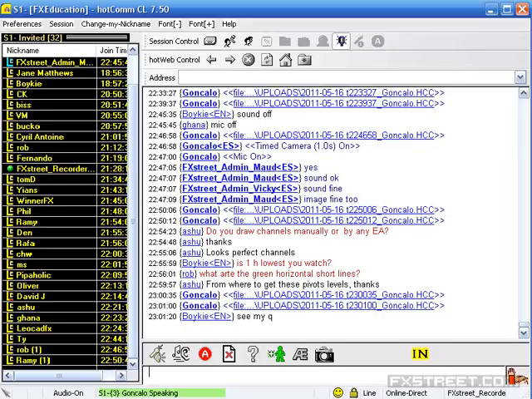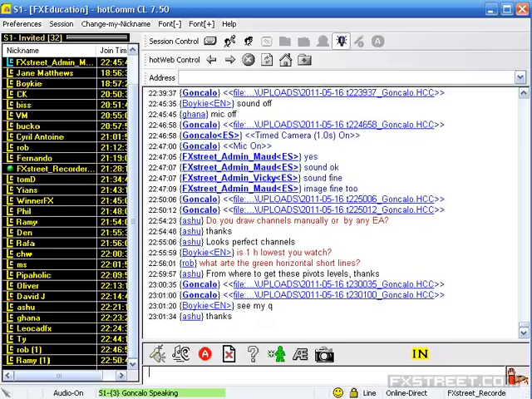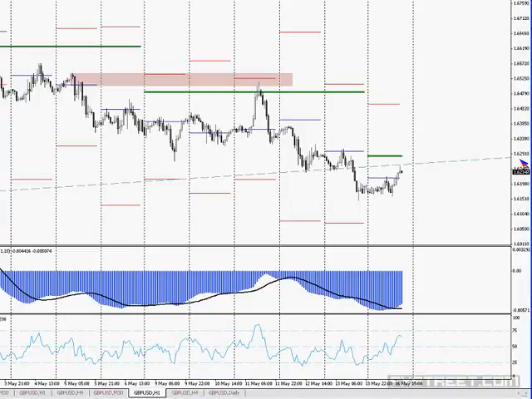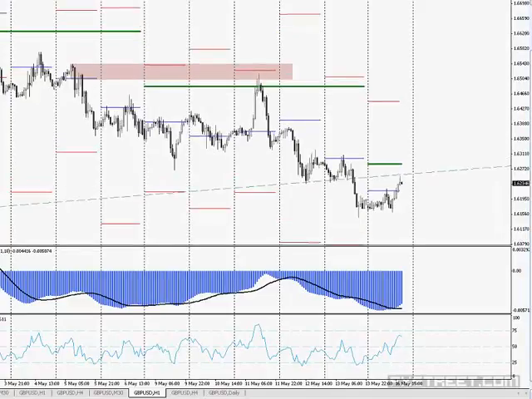Boyki asks, is 1 hour the lowest I watch? Probably yes. I could go as low as 1 minute, with the same principles I apply on dailies, 4 hour, 1 hour, but simply because I don't have the time to watch price structures on very small time frames.